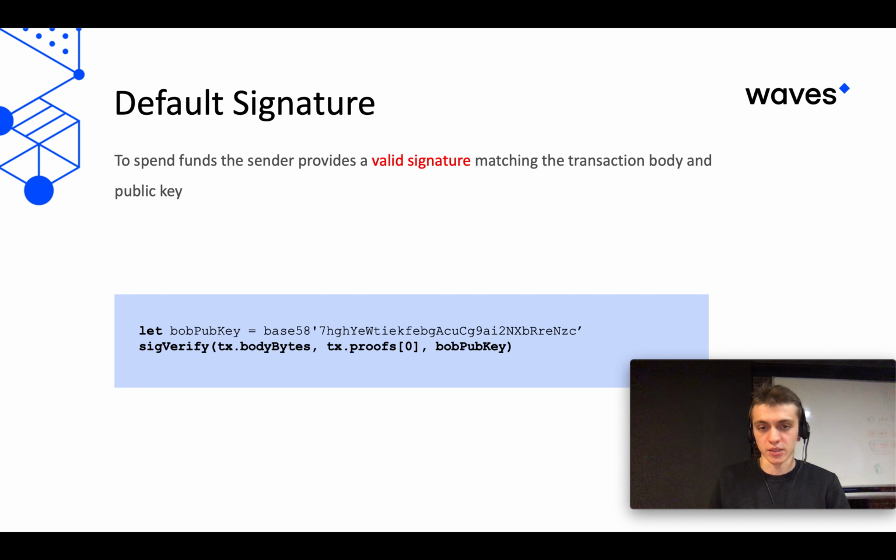Second argument is a signature, and the last argument is a public key. So it just checks the transaction signature against this body and public key. You can imagine that the default behavior of a usual account is sig verify of every outgoing transaction with this proof, with this signature for this public key.